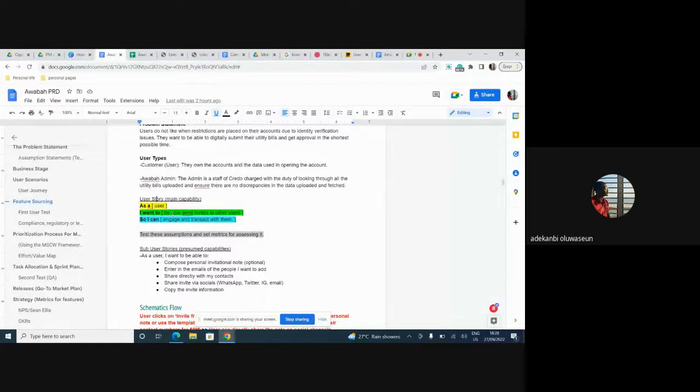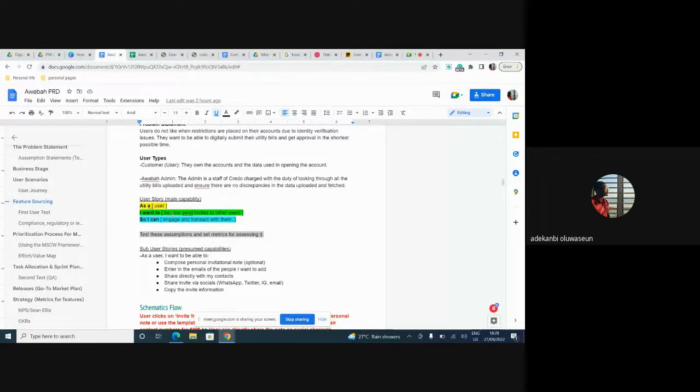So user stories take care of functions and capabilities. If you're saying login feature, the user story for login is: as a user, I want to be able to log in using my email and password so that I can access the dashboard. Now that's a user story for login.